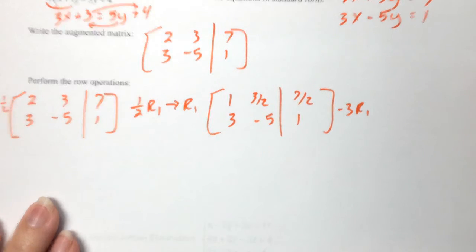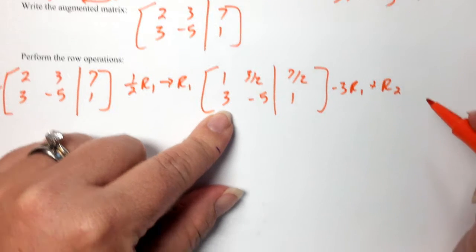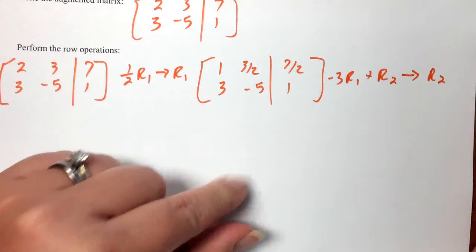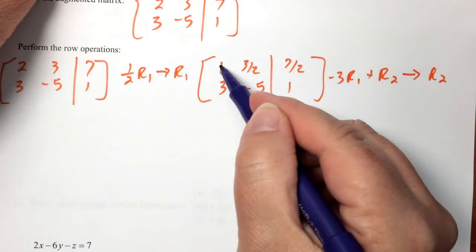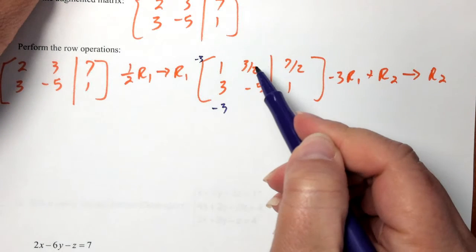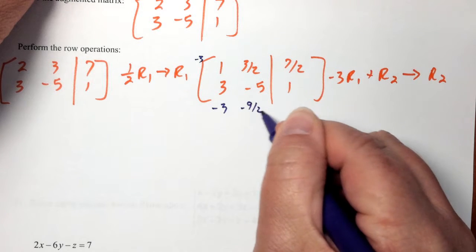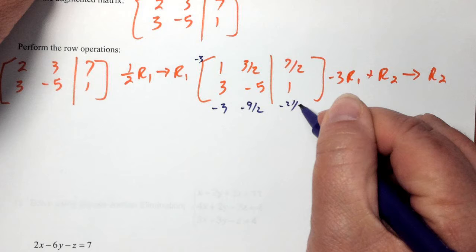So I want to multiply my row 1 by -3, add that result to row 2, and stick that resulting row in the row 2 position. All right, so let me get a little pencil here for some scratch work. -3 times 1 will make -3. -3 times 3/2 will be -9/2. -3 times 7/2 is -21/2.